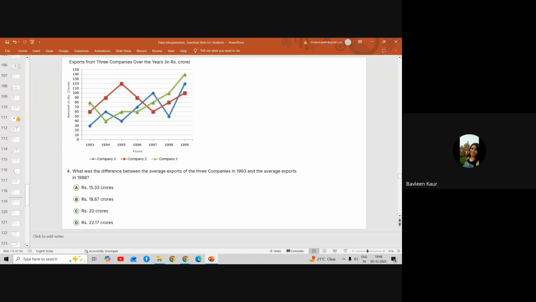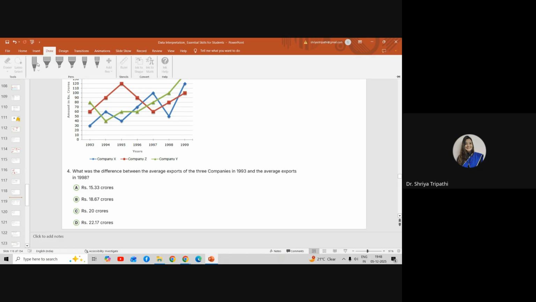Okay. We have to find the difference between the average exports of the three companies in 1993 and the average export of 1998. See what figures we are having. In 93 we are having 30.